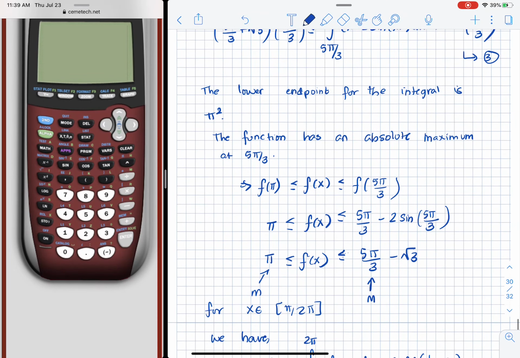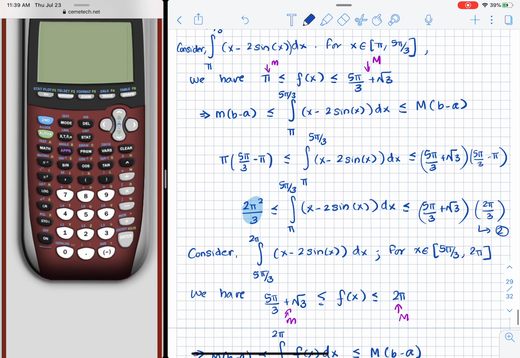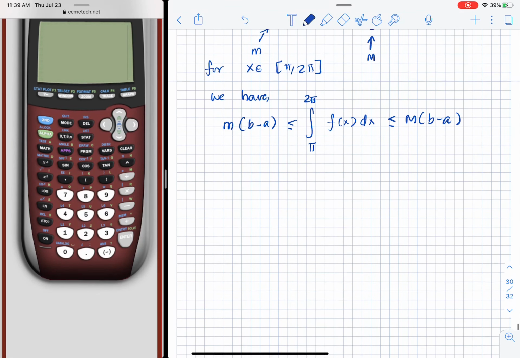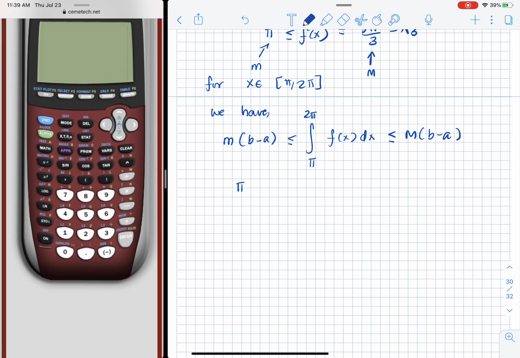Which would give us pi times b minus a, 2 pi minus pi, less than or equal to the integral from pi to 2 pi of x minus 2 sine x dx, less than or equal to 5 pi over 3 minus root 3 times 2 pi minus pi.